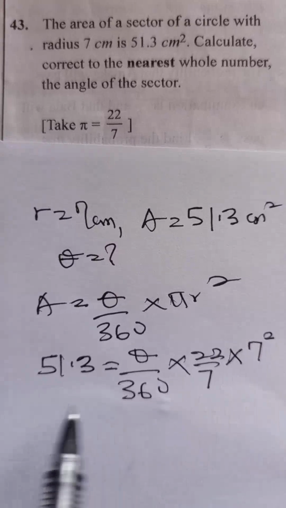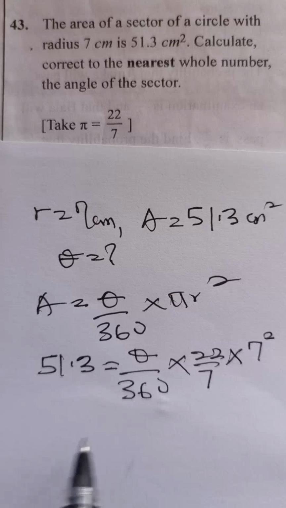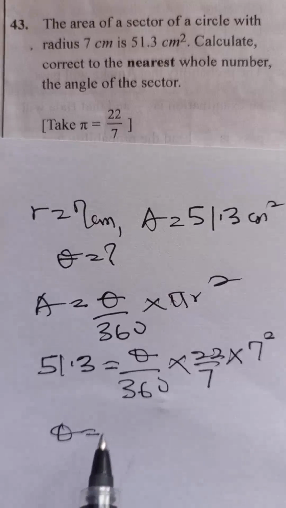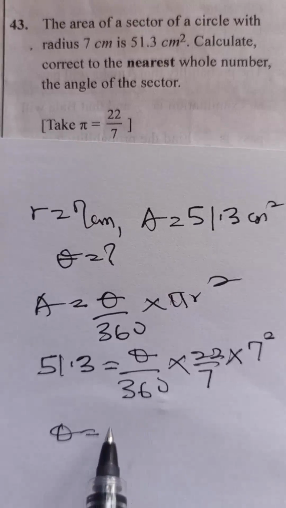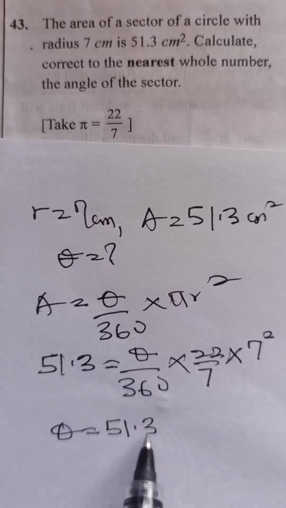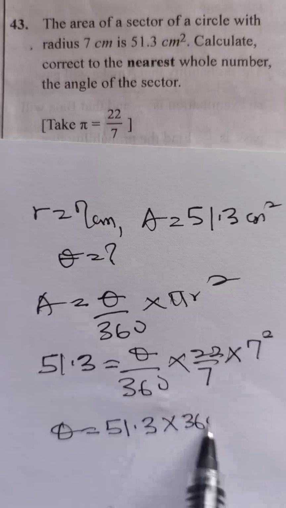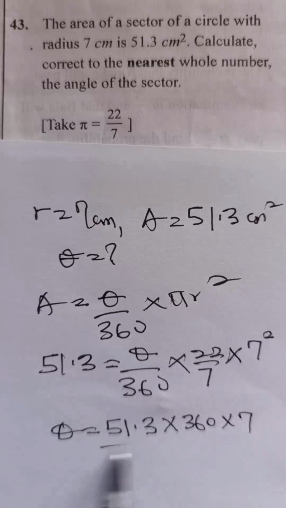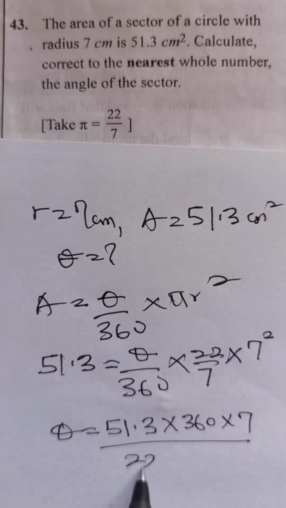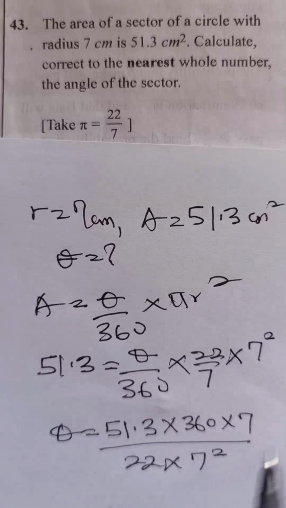And then from here now, when you make theta the subject of the formula, it is going to be 51.3 multiplied by 360 multiplied by 7 divided by 22 multiplied by 7 square.